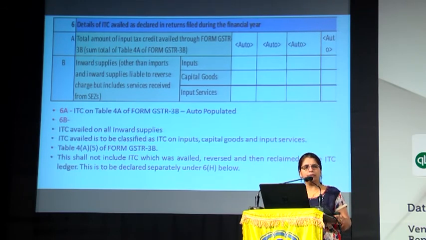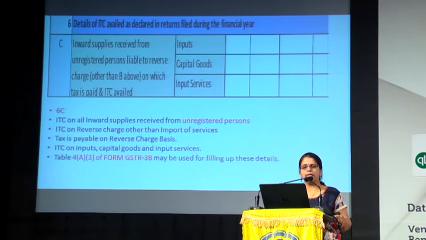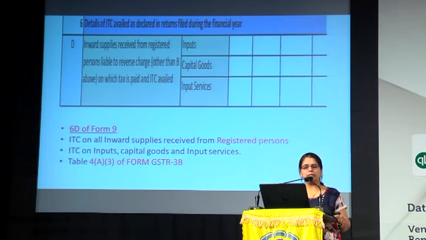Here in 6B, the credit pertaining to all your inward supplies will be disclosed. And 6C is pertaining to your reverse charge credit, where you have to pay the tax and take a credit of that. This reverse charge is from the unregistered person, and 6D is reverse charge from a registered person, where you are paying the taxes and taking a credit of that.